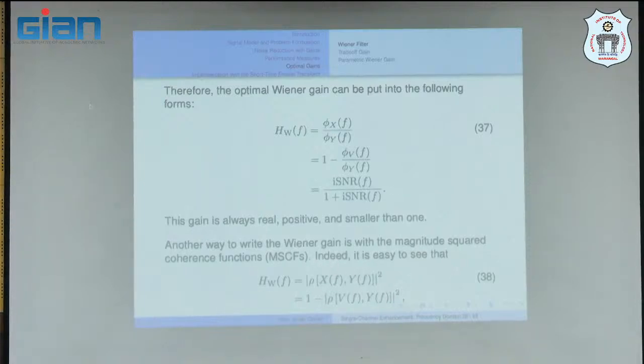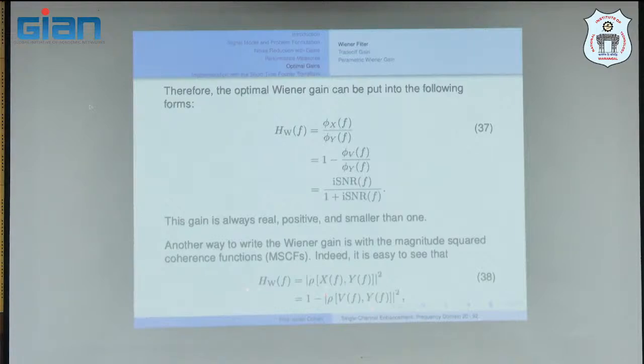Okay, so we can write the Wiener filter also using the magnitude squared coherence function. I will define it in the next slide, but before that, the magnitude squared coherence function means how X and Y correlate. If X and Y have high correlation, it means that the input SNR is high.